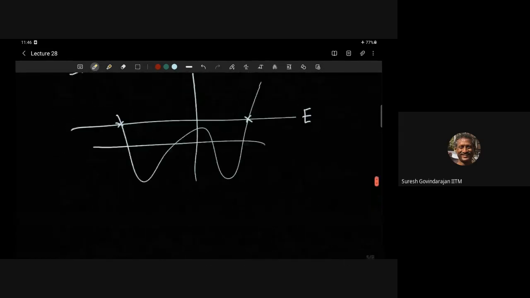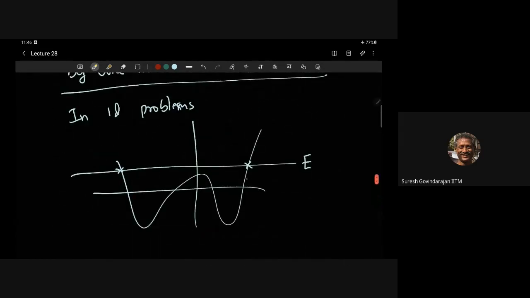Whenever the potential is greater, this is an inaccessible region. In this region, a fixed E is given to you. So if the potential exceeds E, then E minus V is less than 0. That's all I'm doing. I'm not doing something very, very fancy.